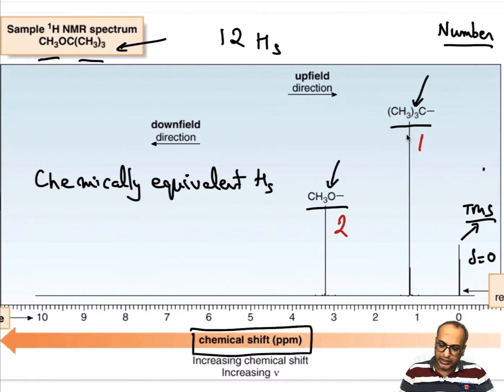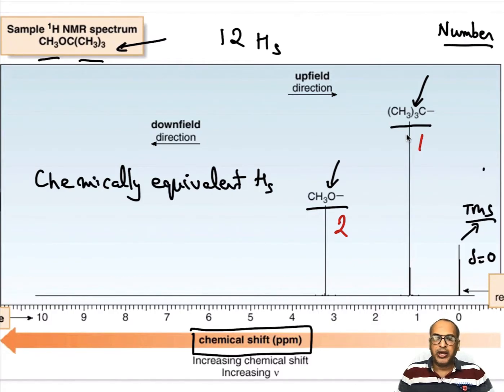If you notice, the methoxy protons are nearer, in terms of bonding distance, to oxygen as compared to the tertiary butyl group, and thus these methoxy protons are shifted further downfield in relation to the tertiary butyl protons, right? So this is called the positioning of the NMR signal. Positioning of the NMR signal is also an important feature which helps us analyze molecular structure.